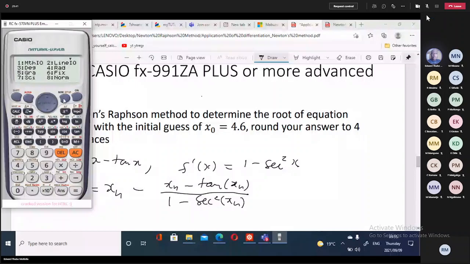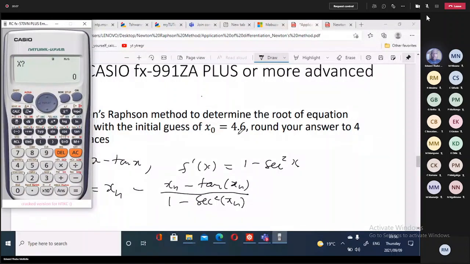So it's in radians now, okay? Now you see here, after shift, we have what we call calc. On top of the solve there, you press calc, and then you substitute the initial value 4.6. So 4.6 equal sign. Okay, let's check.